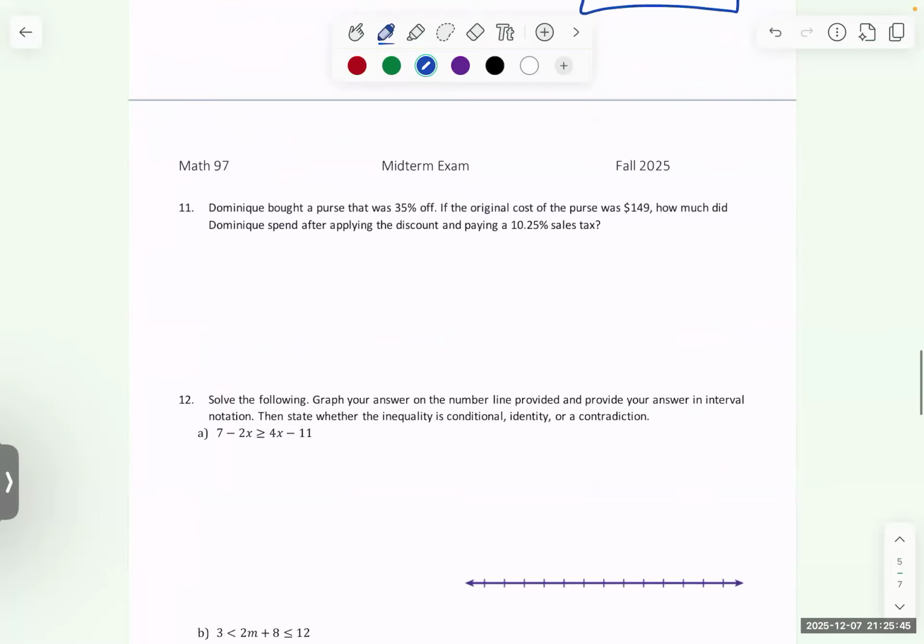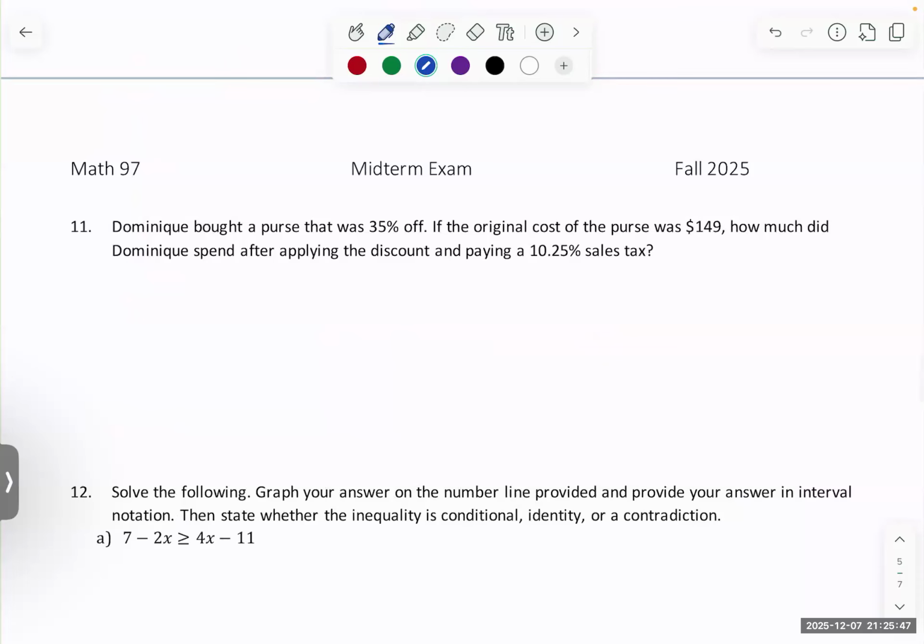Okay. Dominique buys a purse that was 35% off. If the original cost of the purse was $149, how much did Dominique spend after applying the discount and paying 10.25% tax?